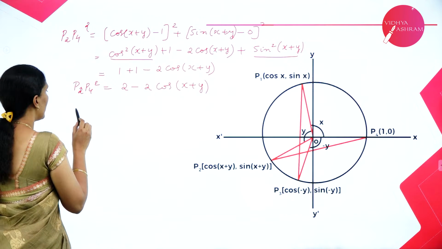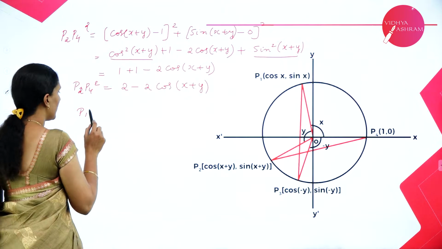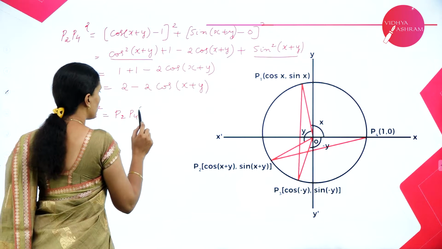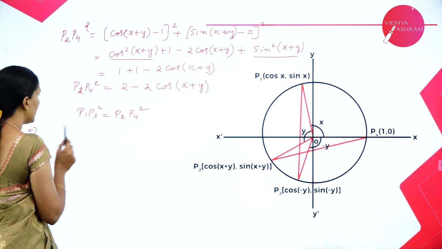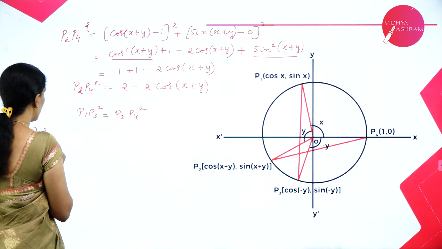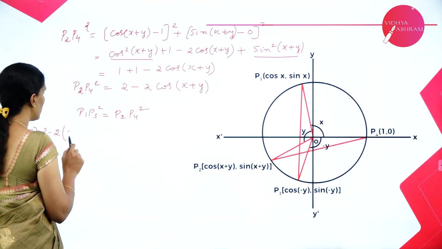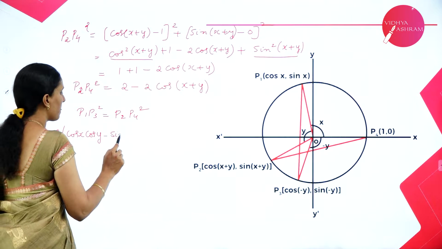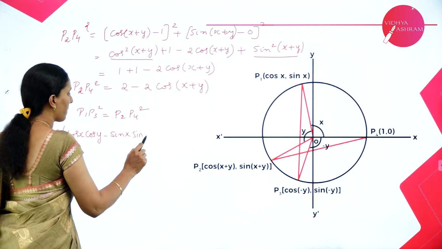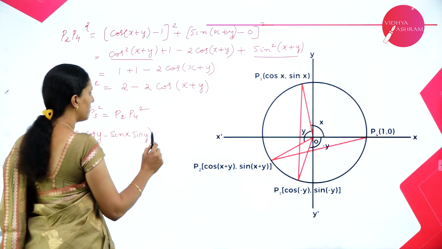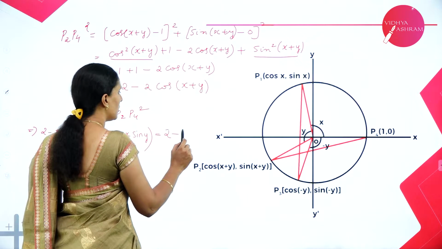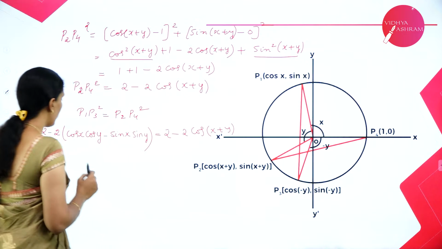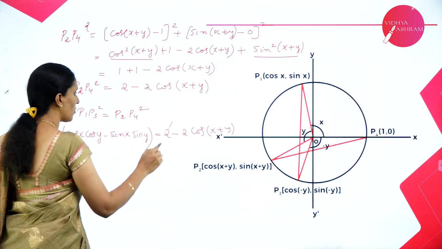So using that condition, P1P3 whole square equals P2P4 whole square, this implies 2 minus 2 (cos x cos y minus sin x sin y) equals 2 minus 2 cos of (x plus y). So you can see the 2 cancels on both sides.